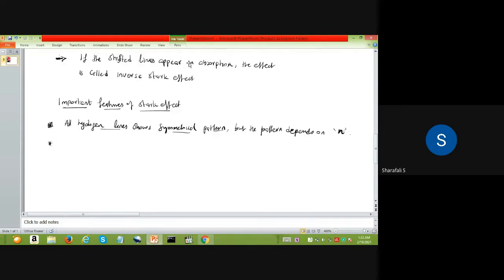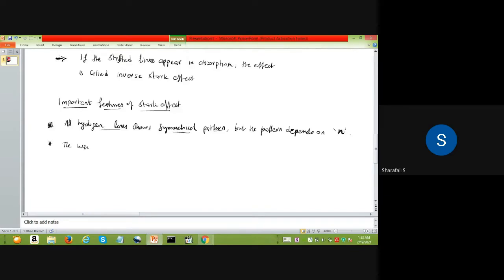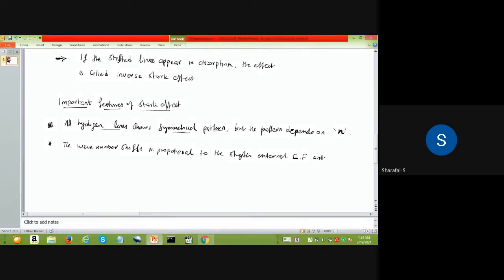So the wave number shift is proportional to the strength of the external electric field applied, and it is the same for all hydrogen series or hydrogen lines.